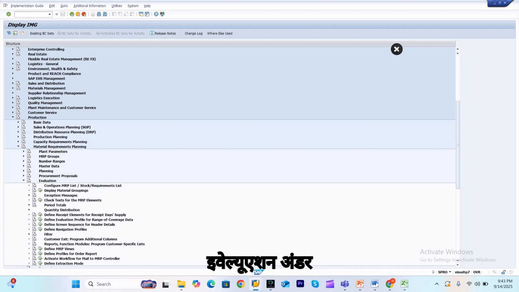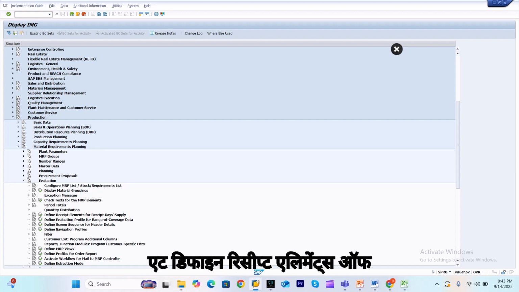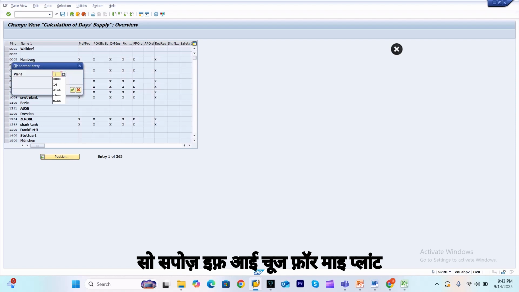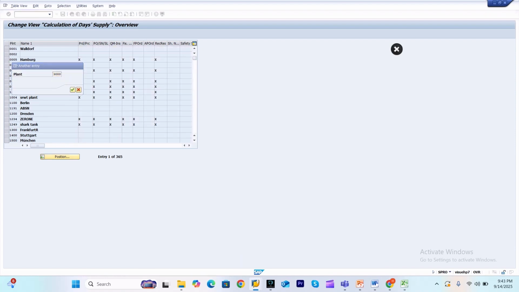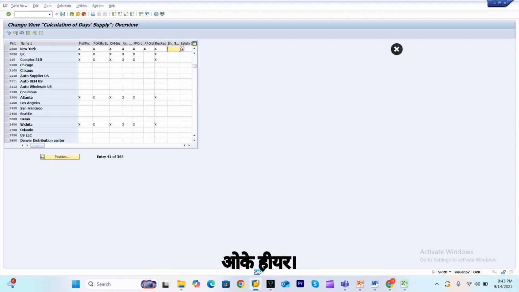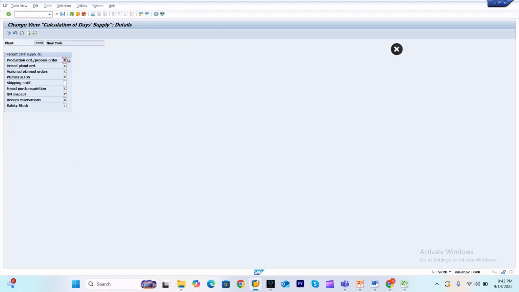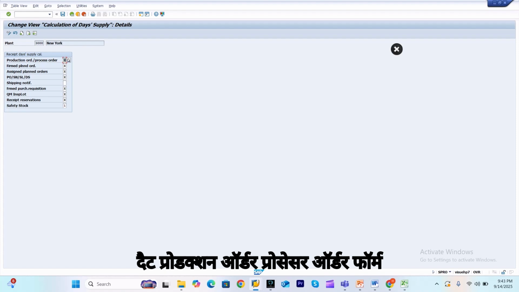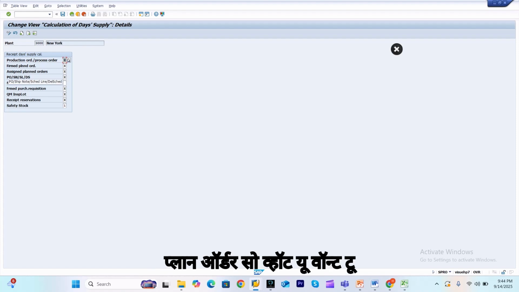Under evaluation, if you look at define receipt elements of receipt days supply. If we click this, suppose I choose my plant, here you will have all the receipts, like production order, process order, and planned order. So what you want to consider, you can consider.